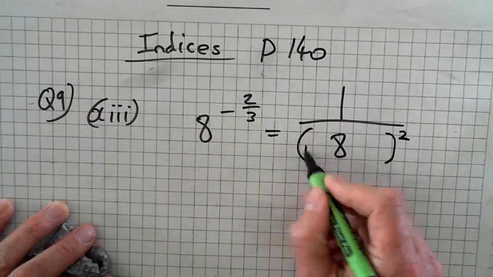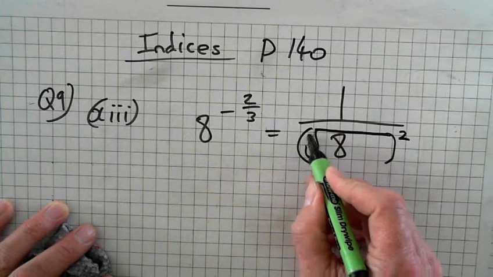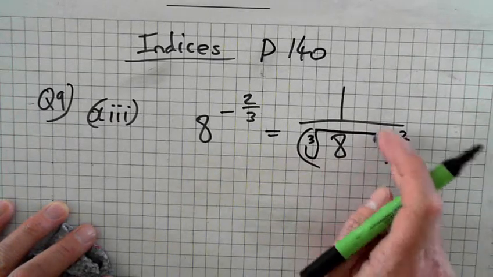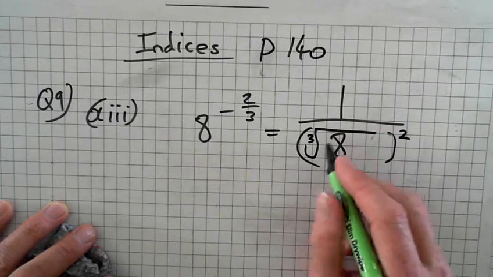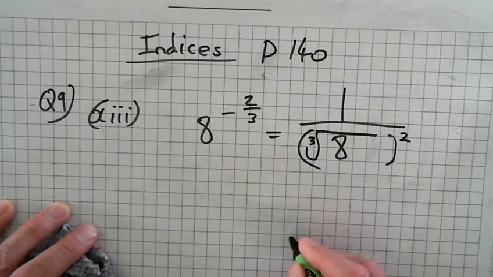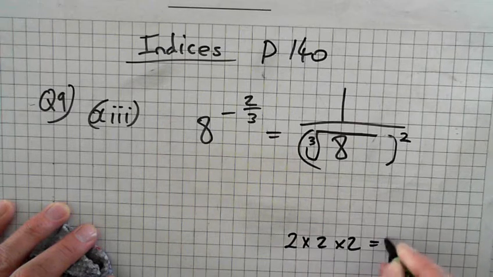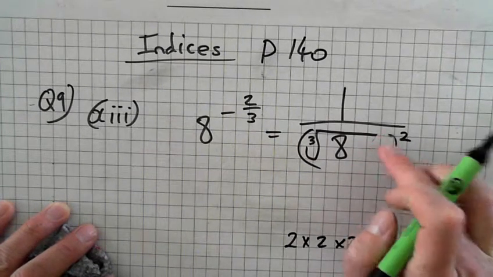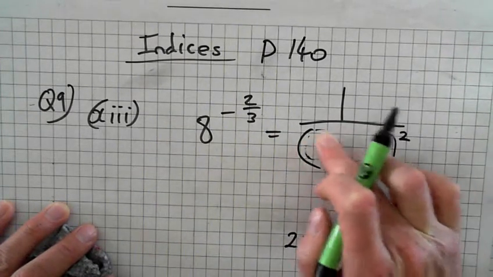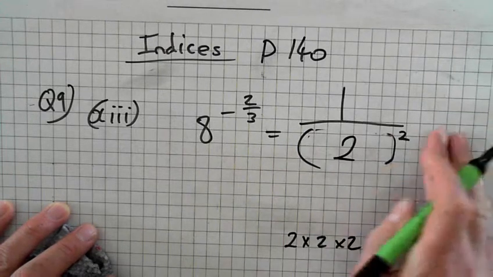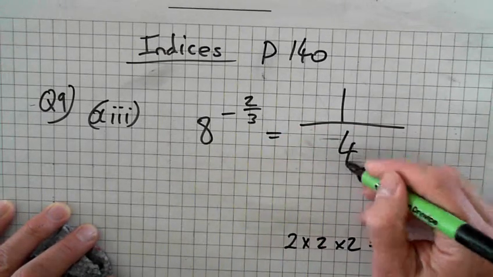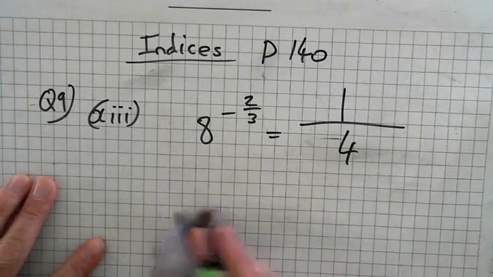And the 3 means, which root? The 3rd root. So what 3 numbers? 2 times 2 times 2 is equal to 8. So the 3rd root of 8 is 2. 2 squared is 4. That's the answer, 1 over 4.